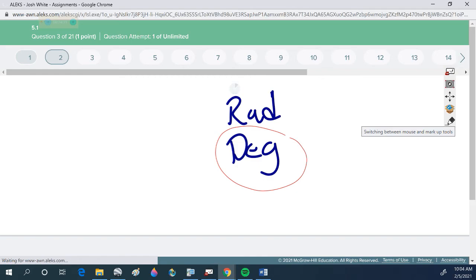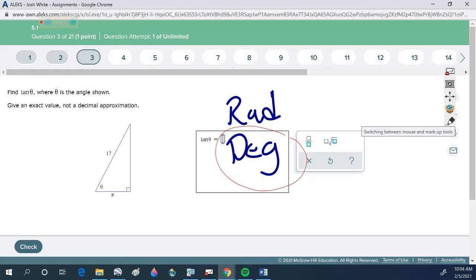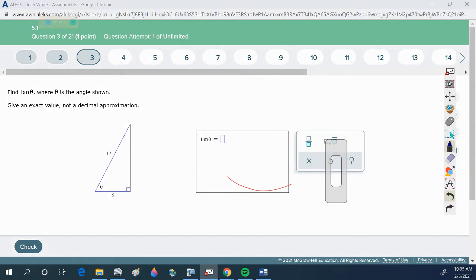And then number 3. This is where you use the Pythagorean theorem to find the missing side, and then you can answer the tangent of theta. So for this problem, I need to figure out what, let's call this A is. So A squared plus 8 squared is 17 squared.